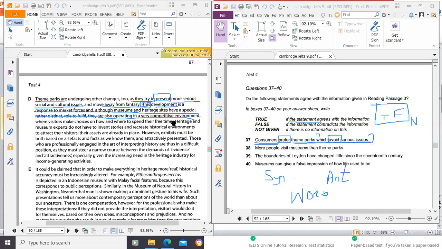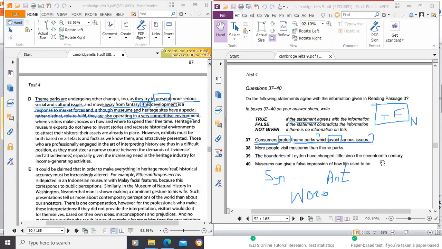It is because it is their choices, okay? I'd like to move away from this for now. I think this is the most confusing of the whole true, false, not given here, because the implied meaning is embedded in it. Okay, let me take note of that: implied meaning in true, false, not given.